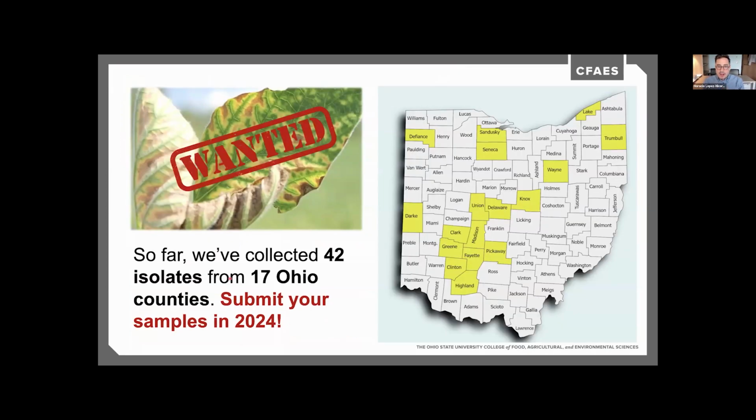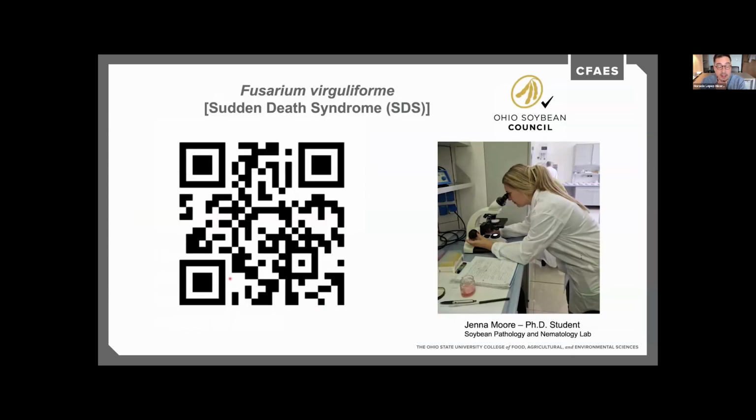This is what we got so far last year. And again, every single time we receive these samples, we get that metadata of when did you plant, what time, and the conditions at which these plants were planted at. So 17 counties in Ohio, we had samples that were tested positive for SDS. And I invite you to read a little bit about this project that a PhD student in my lab is working on, Jenna Moore.